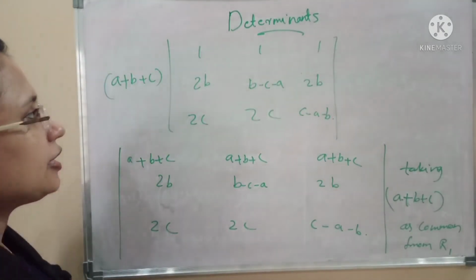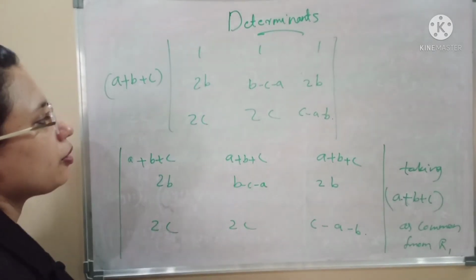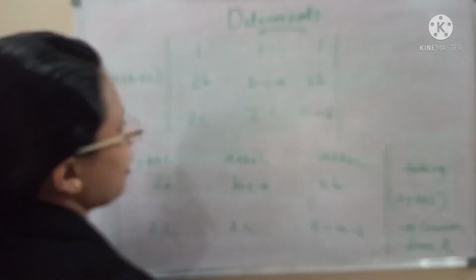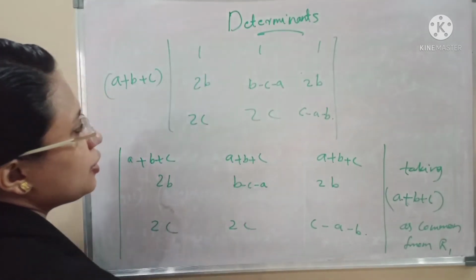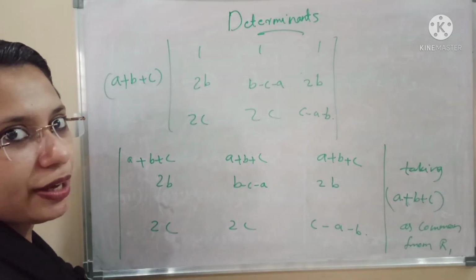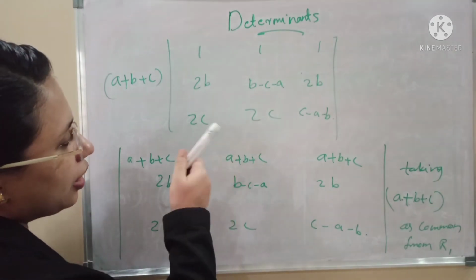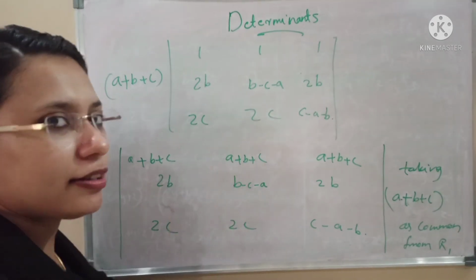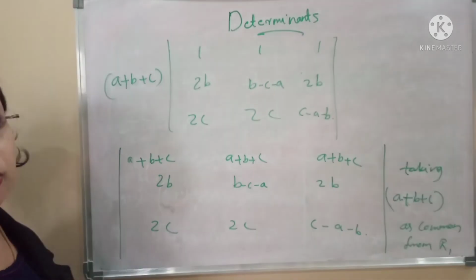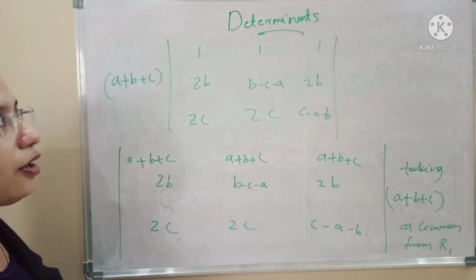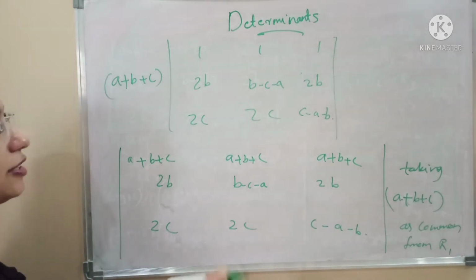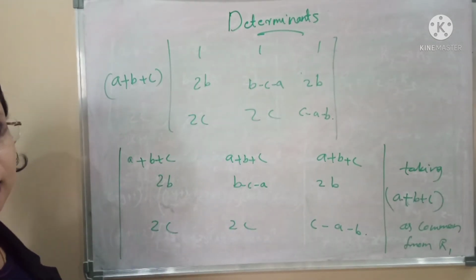See, I will just give you a clue. You can think about, if you are considering R3, you have two similar terms here. If you are working with respect to R3 also, you can solve. Okay, it's all about your capability or your choice. I'm just saying the easiest method.